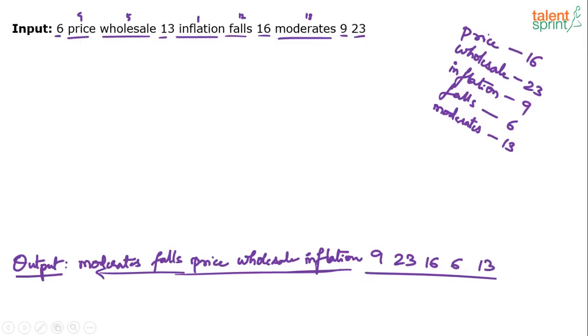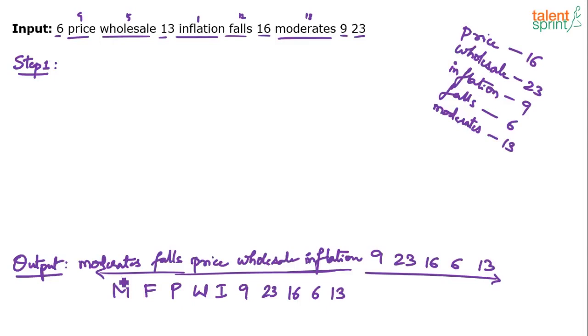Now that we know what the output is, you can work on the step-by-step process. Okay, so look at step 1. An easy way to solve such questions would be to use only the letters of the words and only the numbers, so that you don't go wrong in the alignment. Instead of moderates, falls, price, wholesale, inflation, I will say the output is M, F, P, W, I, and then 9, 23, 16, 6, 13.